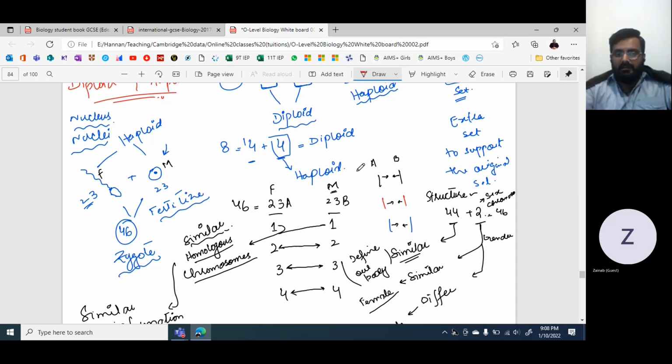The single set means the minimum chromosomes required by that particular organism. For example, if the human haploid set is 23, it means that this is the minimum number of chromosomes a human cell or human nucleus requires to survive.